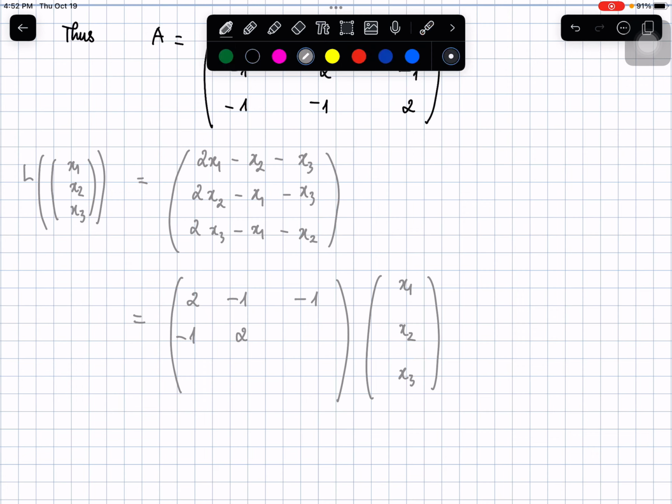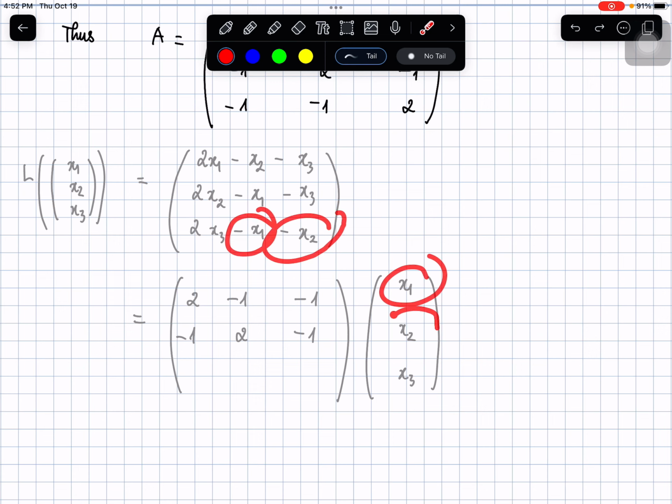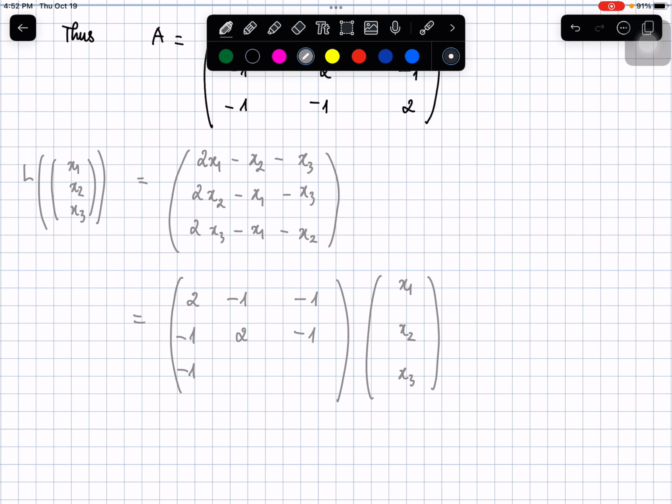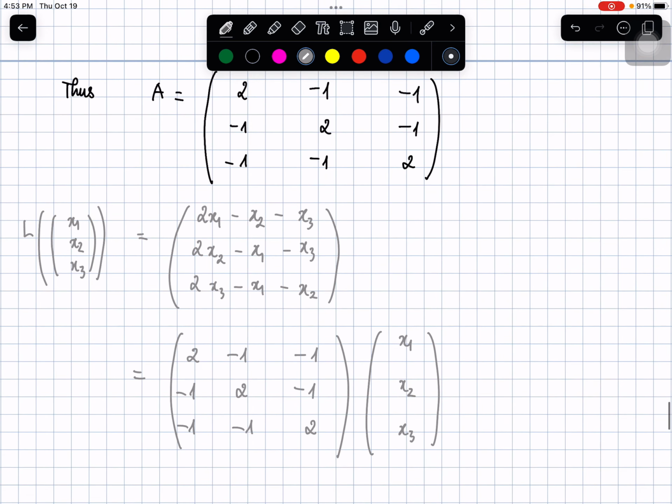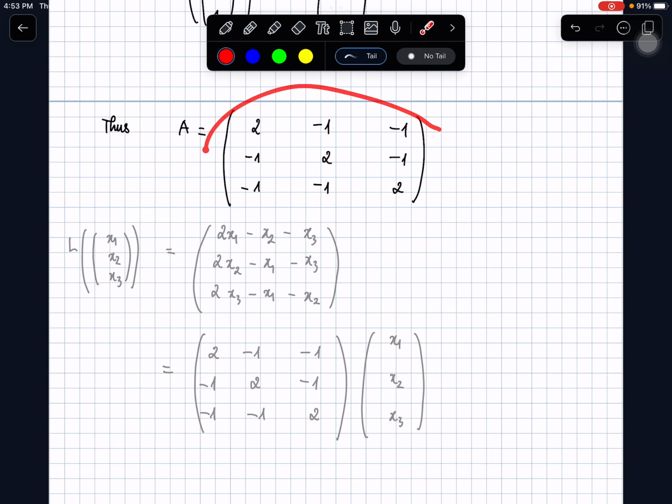And for the last one, minus 1 x1, minus 1 x2, 2 x3. Look, we have the same matrix here.